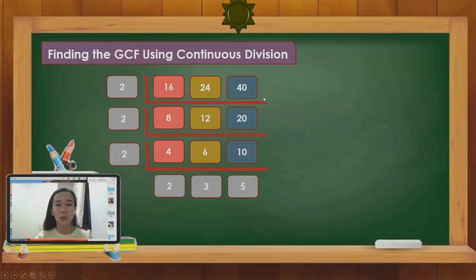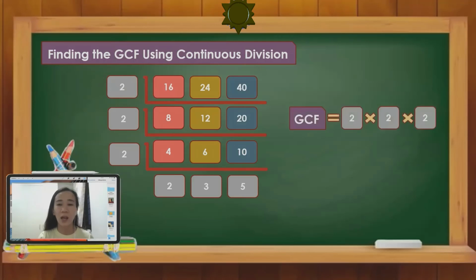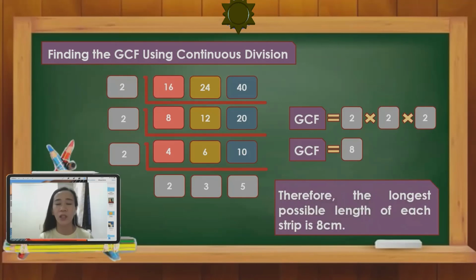Now, using continuous division, this part, the left part, 2 times 2 times 2 is actually the greatest common factor of 16, 24, and 40. That is 2 times 2 times 2 is 8. Therefore, the longest possible length of each strip is 8 centimeters.